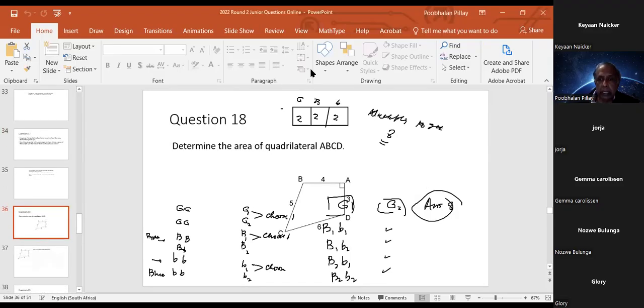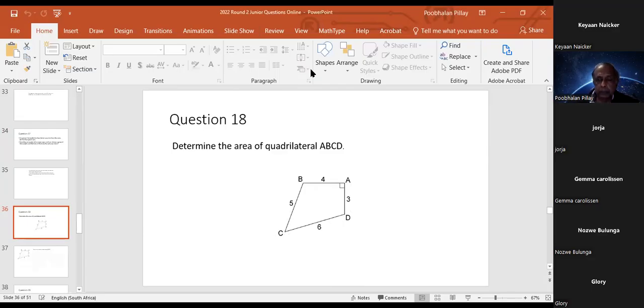Okay, we're going to question 18 now. This question here, you're asked to determine the area of quadrilateral ABCD. Okay, now you can see this quadrilateral has got a right angle here, and you got the 4 sides, 3, 4, 5, 6.